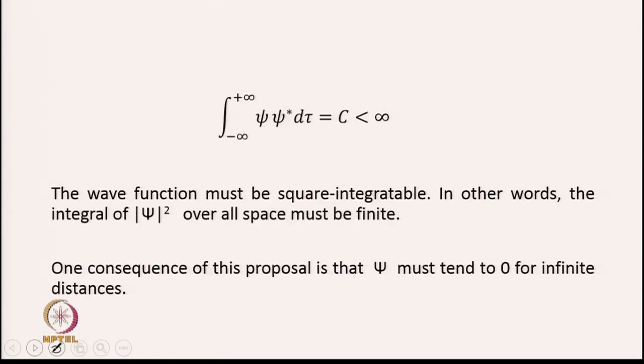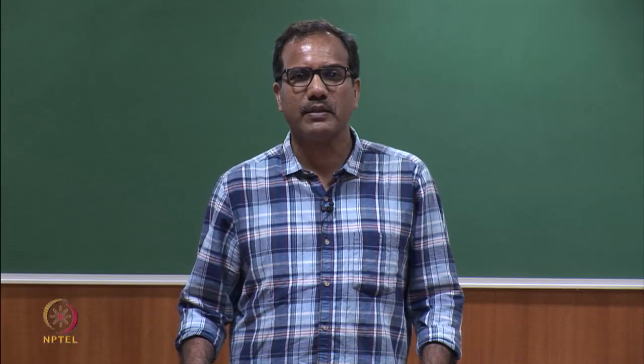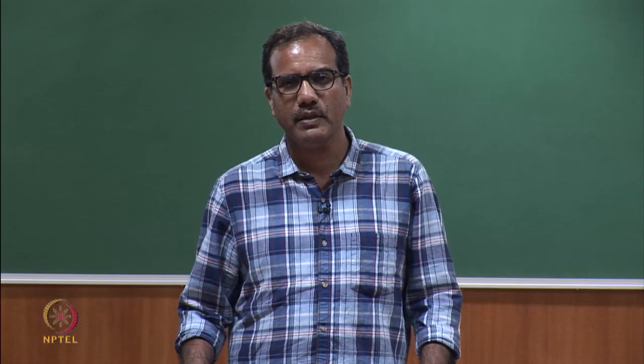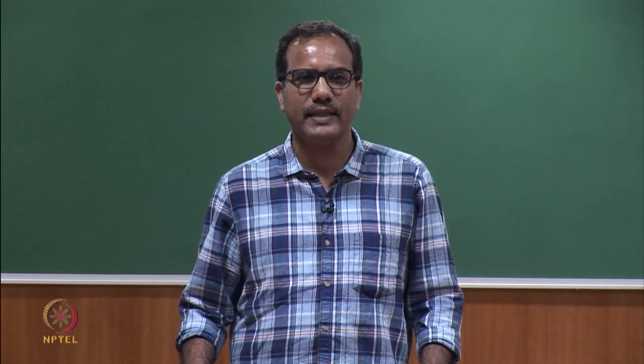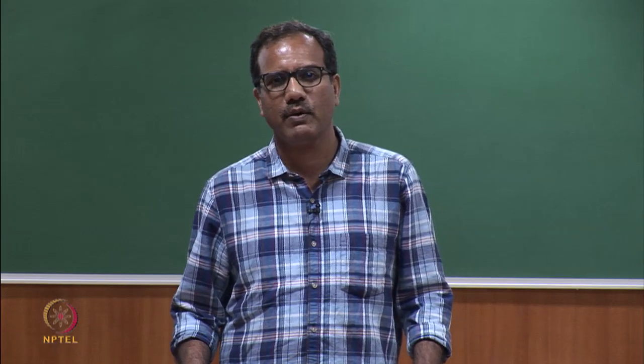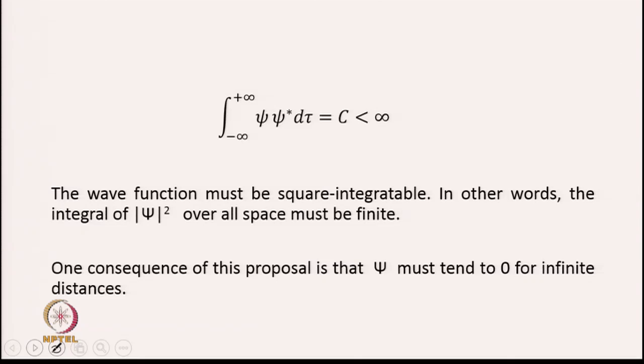When you integrate psi star psi d tau from minus infinity to plus infinity and it is equal to c, which is less than infinity, you say that the wave function is square integrable. In other words, your wave function must be square integrable, and the integral of psi square over all space must be finite.